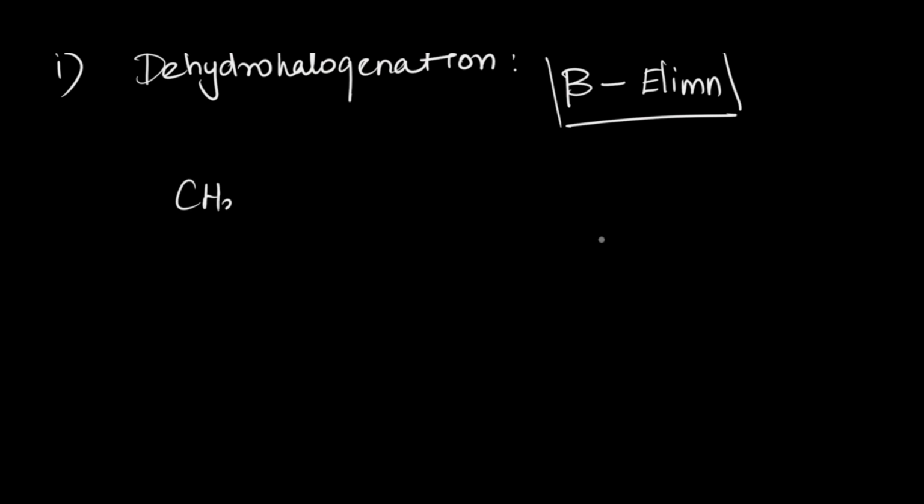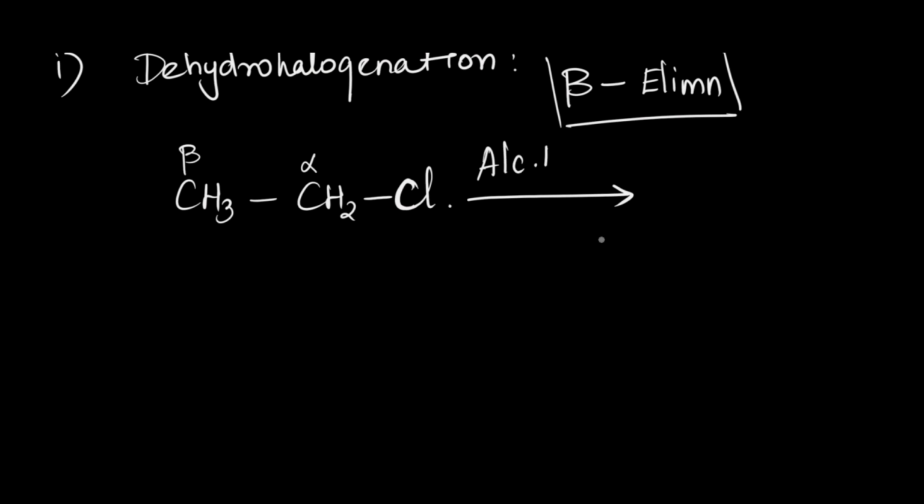For example, here I am taking CH3CH2Cl. So this is the alpha carbon where the functional group or the substituent is attached, and this is beta. So beta elimination happens, and always remember, in case of elimination, use alcoholic KOH, not aqueous.